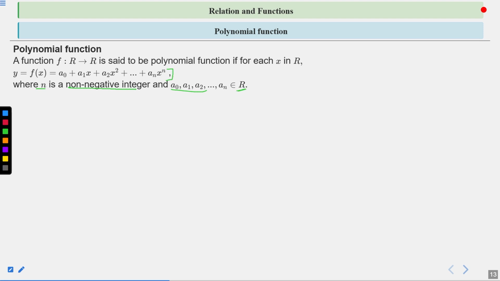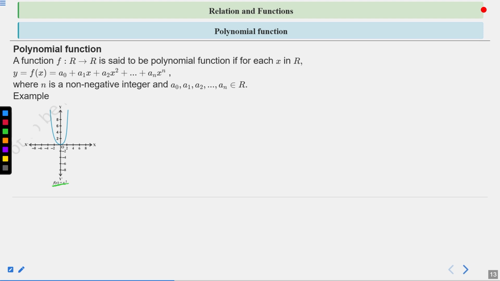Such a form you will call a polynomial function. So example, so simple, this parabola. The graph is a parabola, where f(x) is x square. Clear?